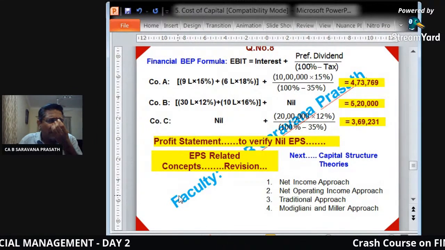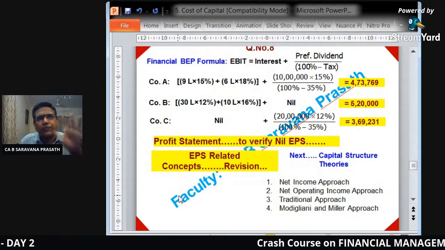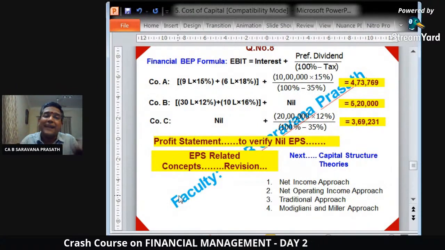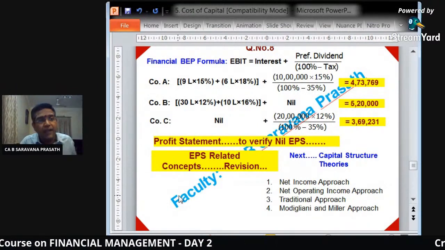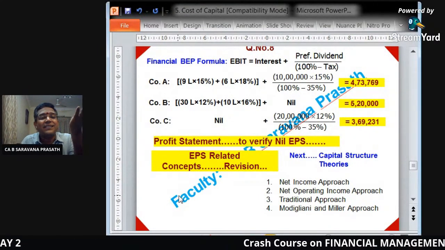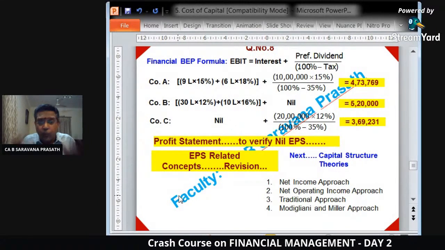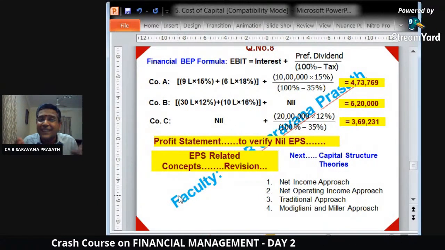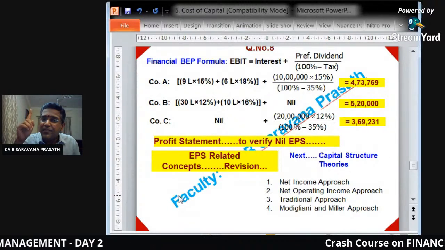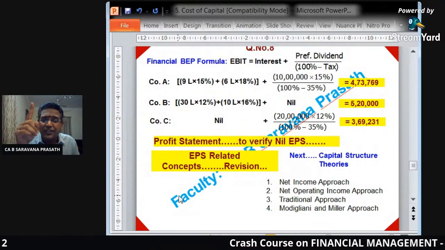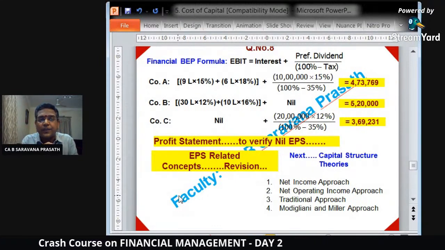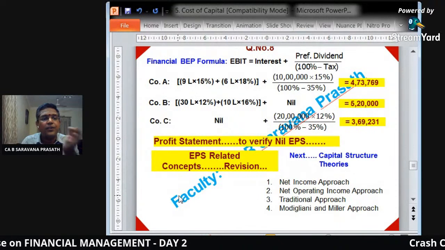The capital structure theories have two objectives: minimize cost of capital, maximize the firm value. I will repeat: minimize cost of capital, maximize the firm value. Sir, why these objectives? Very simple. Recall financial management introduction, yesterday's discussion. Two aspects of financial management: getting money and using money.